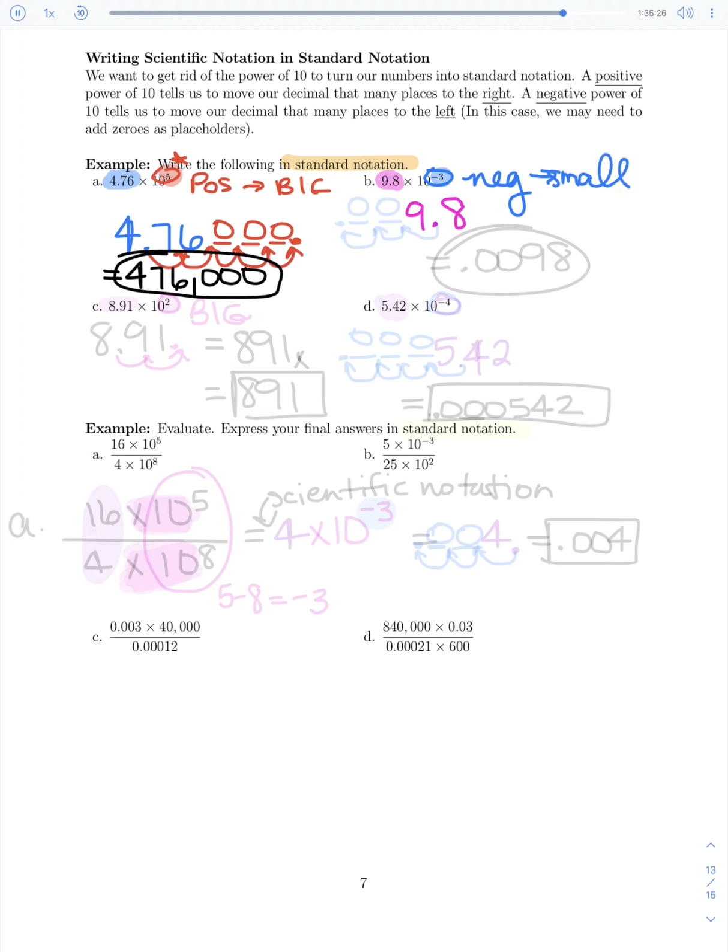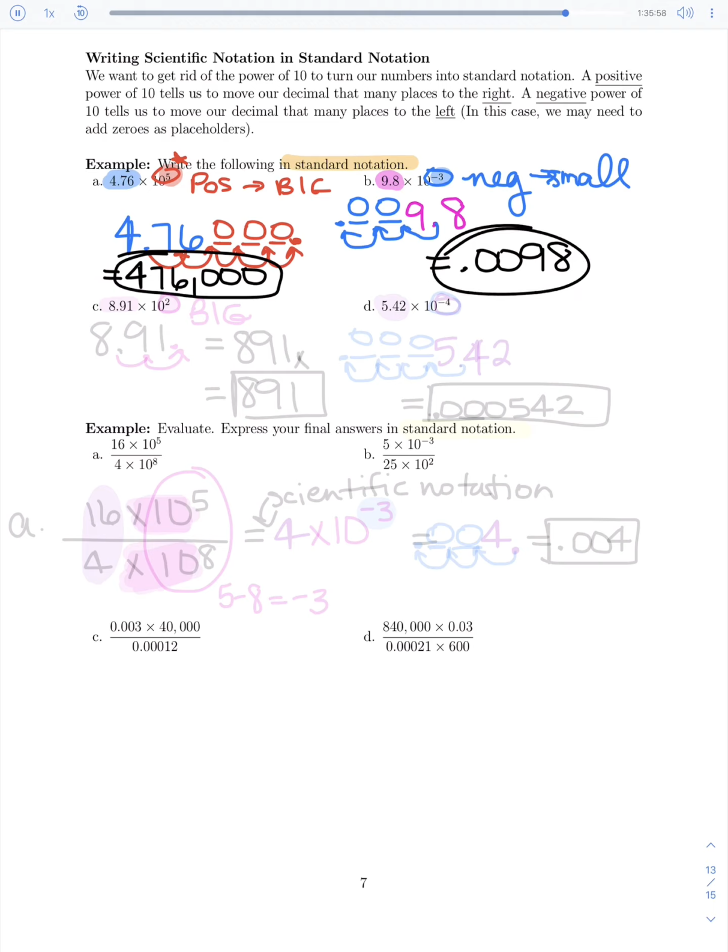And the only way to make my number smaller and more of a decimal is to move my decimal to the left. So I'm going to move it, remember, 3 places. So it's going to be 1, 2, 3 places. So here's my new decimal. And again, just like before, all my empty spots are going to get filled in with zeros. So what that gives me now is 0.0098. And that's my final answer.